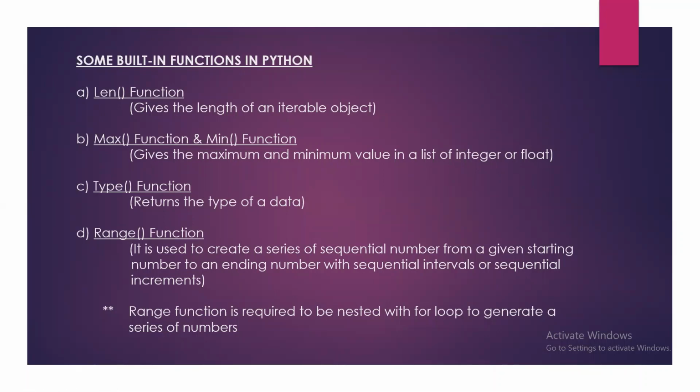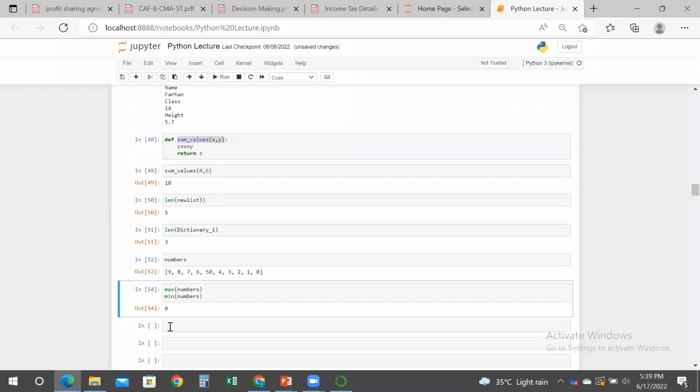The other function is the type function. We also discussed this function in our first, introductory lecture. So we will do it again. The type function basically defines the type of data which I am working on. So let's see. I will type type, and inside parentheses, let's type the name of the list, numbers. When I run this, I got list because it is a list of numbers.